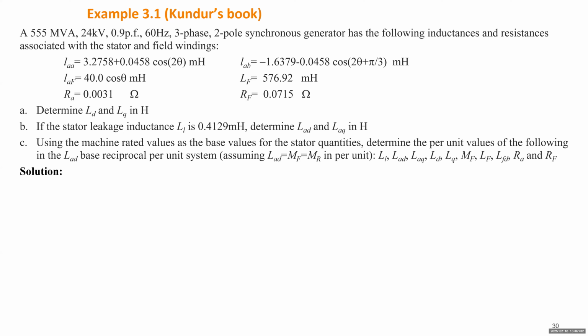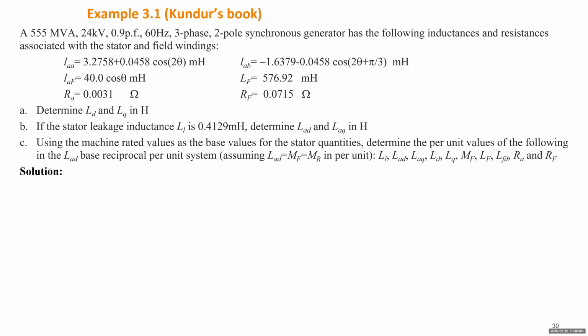So you can imagine there's a symmetry between the D and the Q axis. Even if that may not be perfect, you'll have very close values between the D and the Q axis. So first they give you LAA. LAA is actually the self-inductance of the winding A. So this is not a good parameter because it's theta dependent.